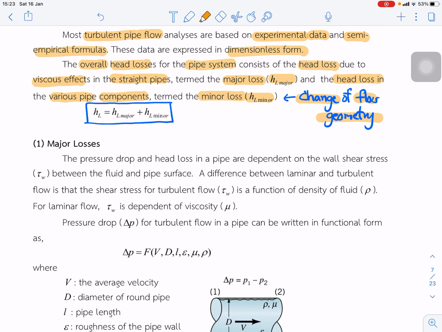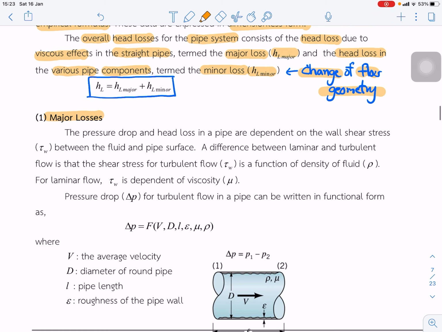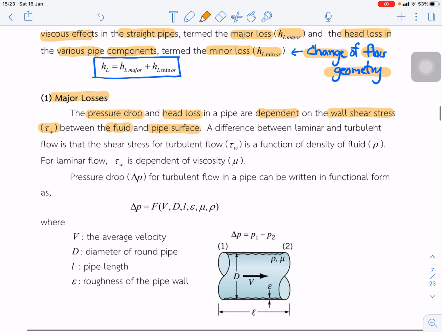And the next is the major loss. The pressure drop and head loss in the pipes are dependent on the wall shear stress between the fluid and the pipe surface. The difference between laminar flow and turbulent flow is that the shear stress of the turbulent flow is a function of the density of the fluid, but for laminar flow, the shear stress is a function of the viscosity only.